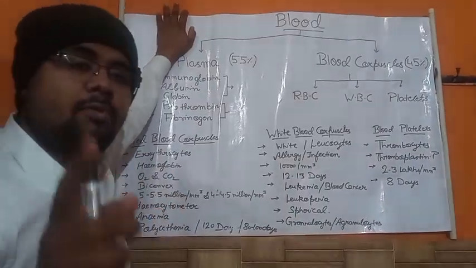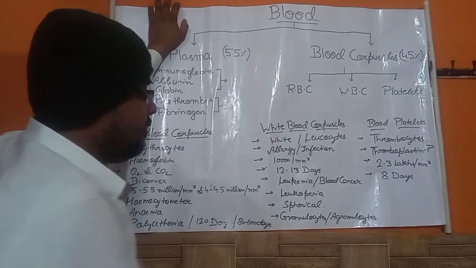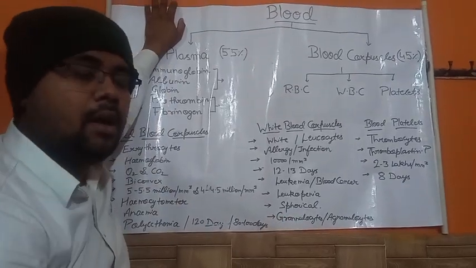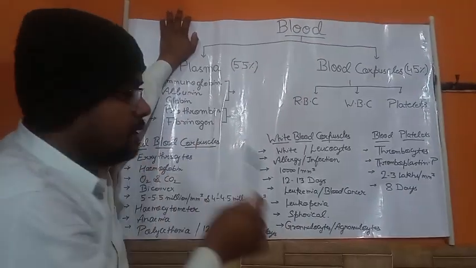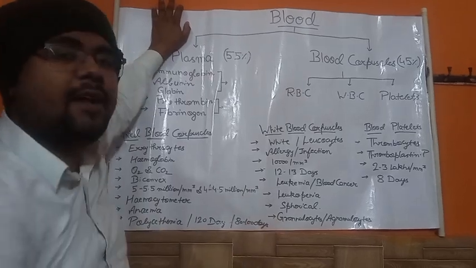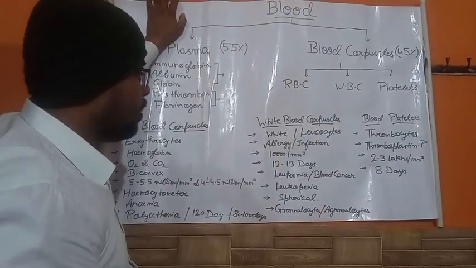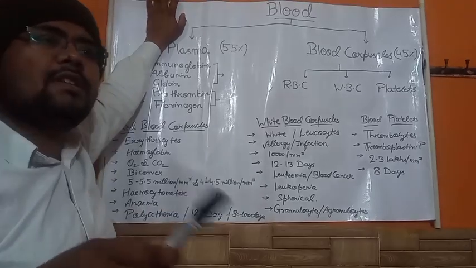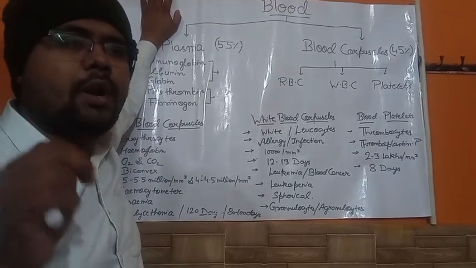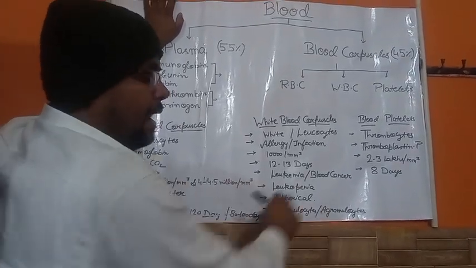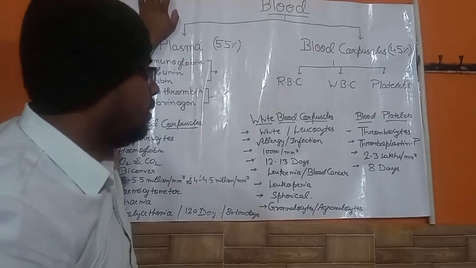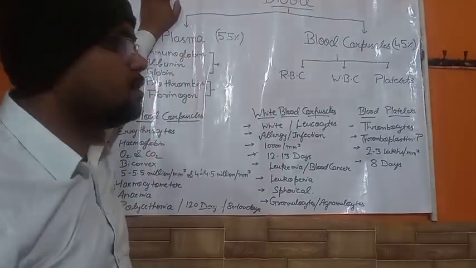If WBC is less in our body, we suffer from leukopenia. What is the shape of WBC? The shape of WBC is spherical or lobed. WBC is also further divided into two categories, granulocytes and agranulocytes. We will study this in further classes.